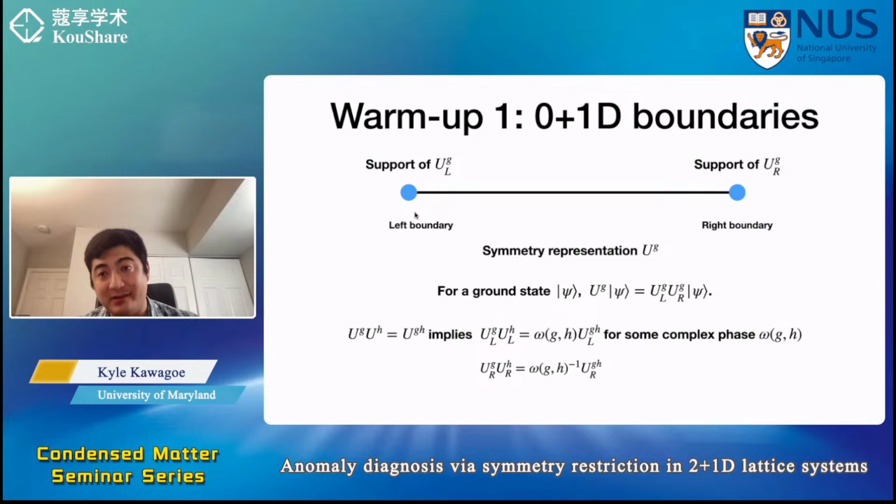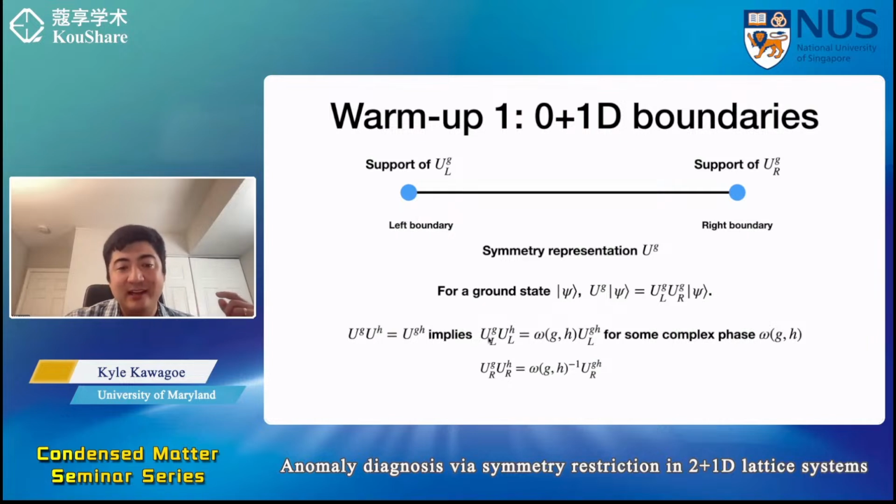This complex phase, which you can't always get rid of by making different choices, means that you have a projective representation on the boundary. So whereas you had a linear representation, the boundary representation is now projective.